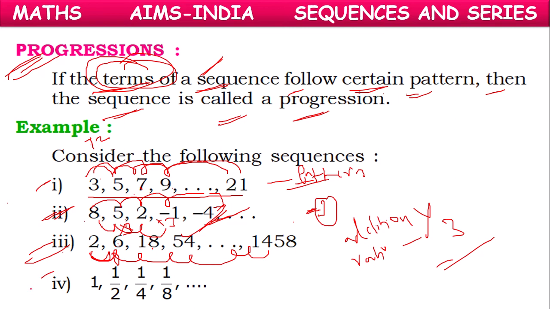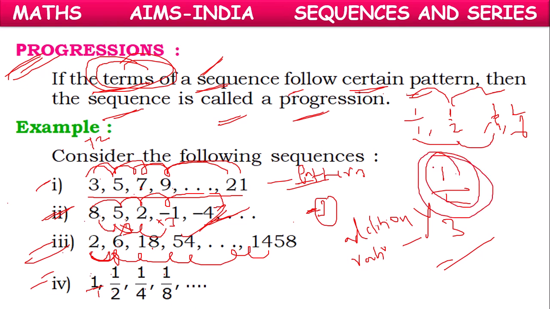If we see the fourth example, we have 1, 1 by 2, 1 by 4, 1 by 8. The first term can also be written as 1 by 1. So 1 by 1, 1 by 2, 1 by 4, 1 by 8. Which pattern are they following? 1 into 1 is 1, 1 into 2 is 2, 2 into 2 is 4. They have a common ratio of 1 by 2.